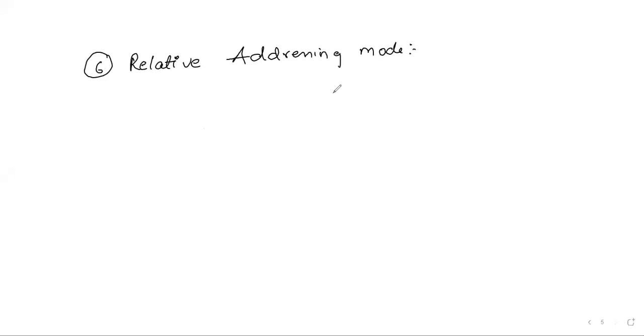In the previous addressing modes, we used base registers and index registers for getting the effective address. Here, in the relative addressing mode, we use the program counter. The data from the program counter is added to the offset or displacement value, and then we get the effective address.